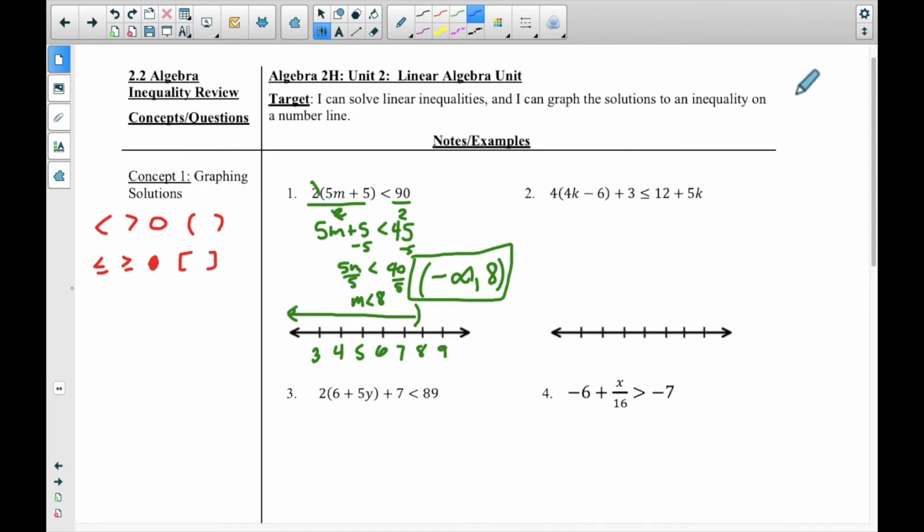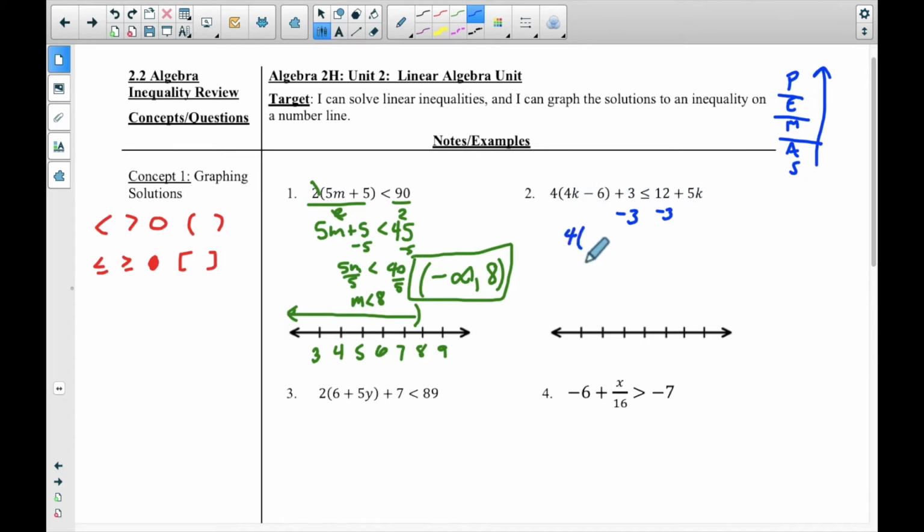Because here's the deal, we haven't talked about this, but when you solve equations or inequalities, either one, you have to go in PEMDAS order backwards. In other words, you have to do your adding and subtracting first, and then your multiplying, and then your exponents, and then your parentheses. So we have to start with our adding and subtracting. So we have to subtract this 3 before we can do anything else. So that's important for you to remember to do that PEMDAS backwards.